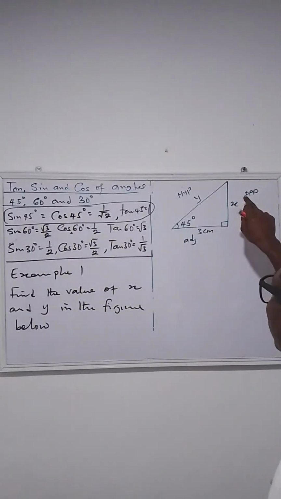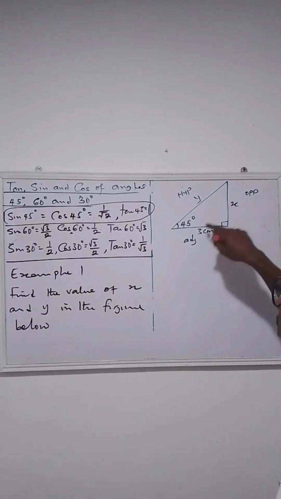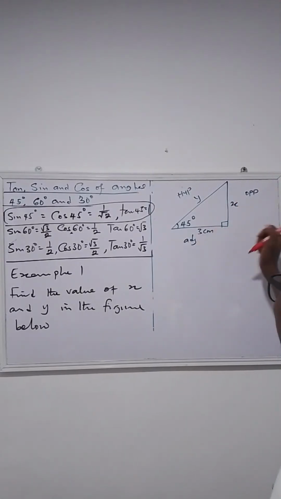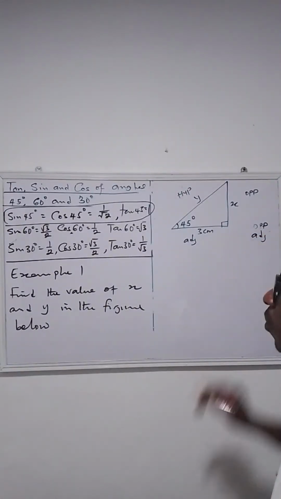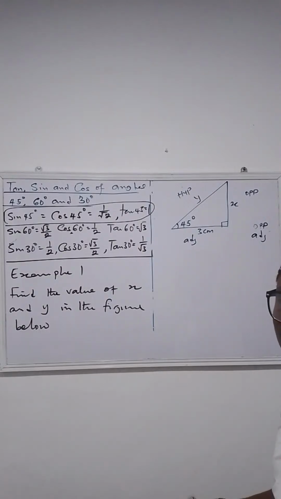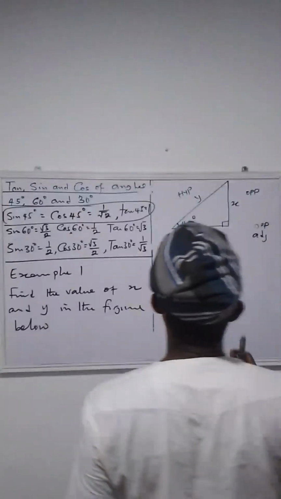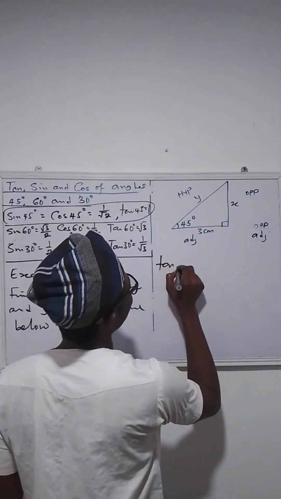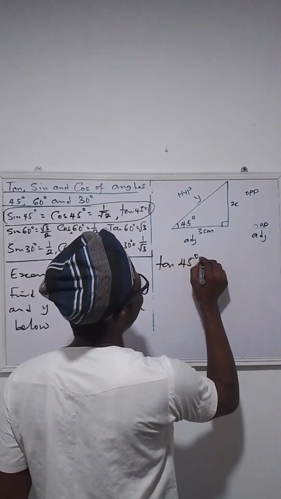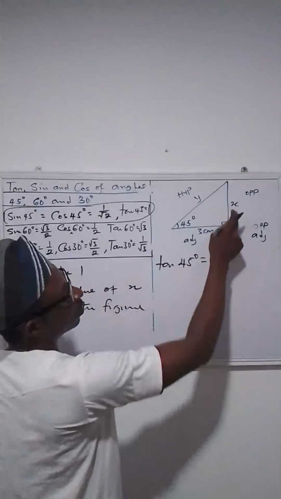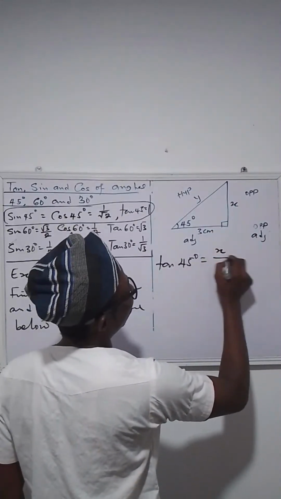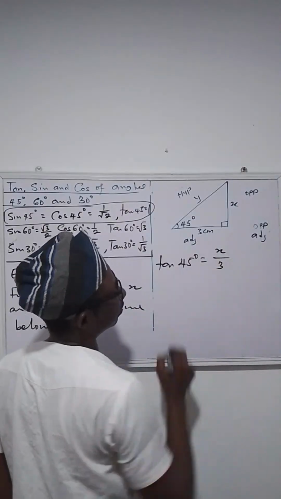So I'm connecting an unknown side with a known side, and what I have is opposite and adjacent. So what trigonometrical ratio is that? That's going to give you tan. So that means I will have tan 45 degrees equals opposite, which is my x, over adjacent, that's 3.